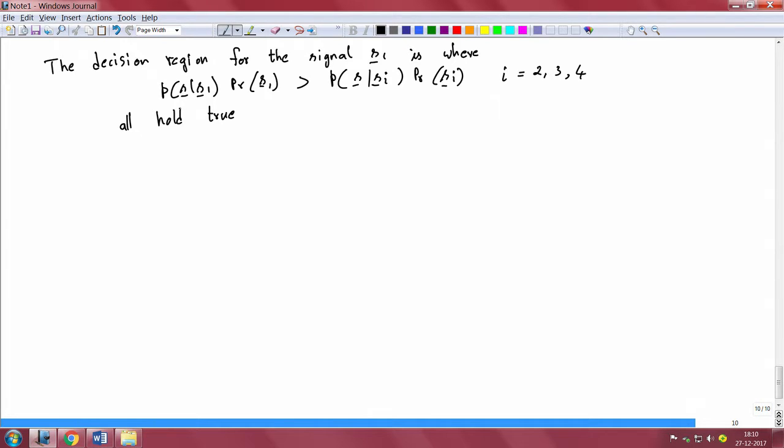Whenever these conditions hold true, we make a decision that the received signal S is based on the signal S1.